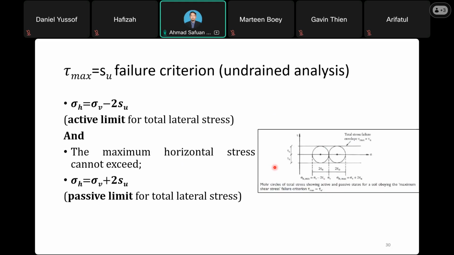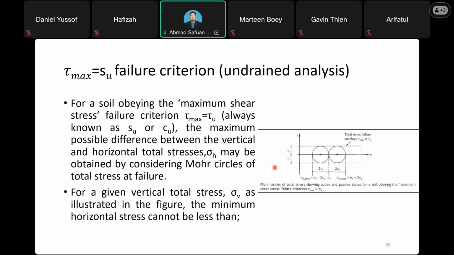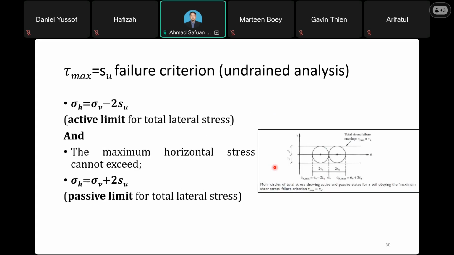okay. So when we discuss the vertical stress, the tau max is equal to the tau u. But when we want to derive for the horizontal stress sigma h, later on we may use this approach, which is sigma h is equal to sigma v minus 2 Su for the active, and sigma h is equal to sigma v plus 2 Su for passive.